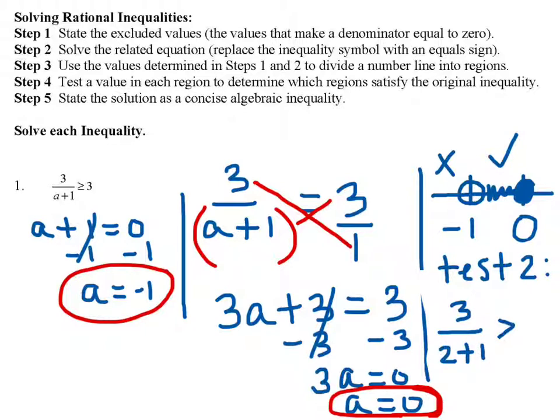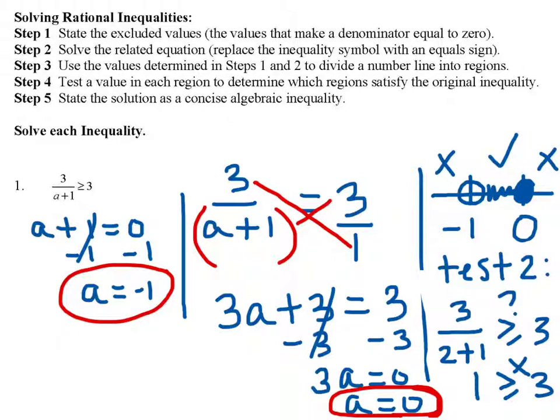Is it true that this is greater than or equal to 3? Well, since the left side simplifies to 3 divided by 3, which is just 1, I can conclude that this is certainly not true. 1 is not greater than or equal to 3. So the values to the right of 0 on the number line do not satisfy my original inequality.